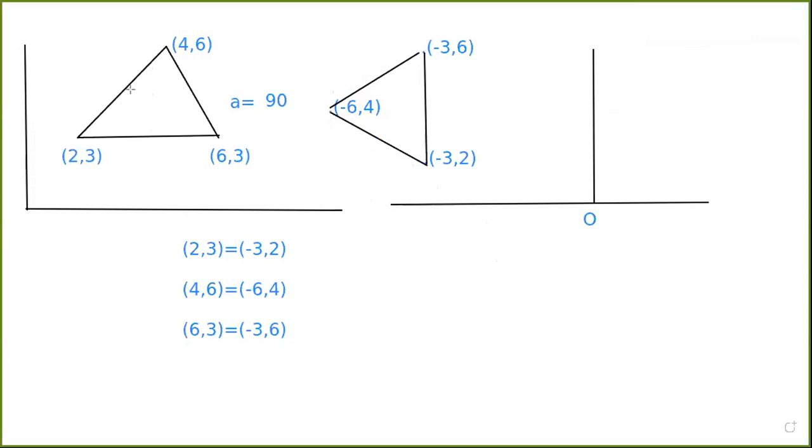If the original position was like this, after rotating 90 degree, your triangle is in the second coordinate area, and it is rotated with respect to this origin. Okay. Clear? Yes, sir. Very good.